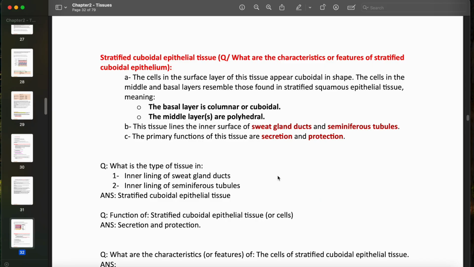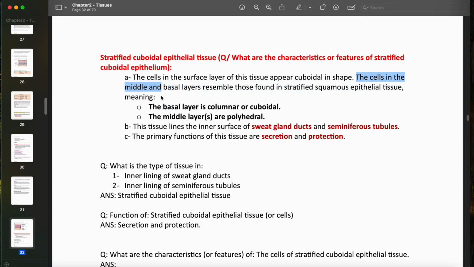Stratified cuboidal epithelial tissue. Now, the cells in the surface layer, of course, are cuboidal, very predictable now. We can predict what's in the superficial layer without prior reading. And the cells in the middle and the basal layers resemble those found in the stratified squamous epithelial tissue.